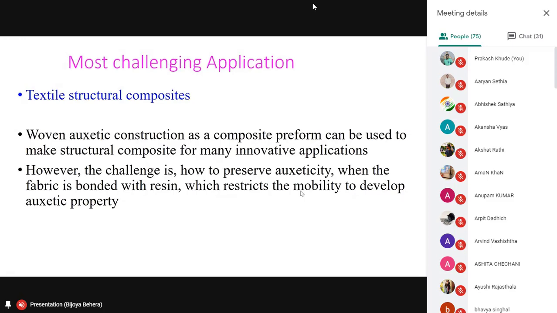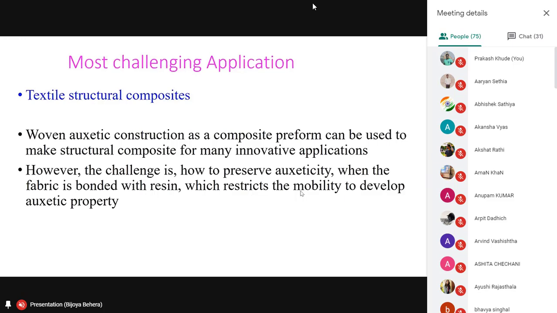So what is the challenge here? The challenge here is you have to have a suitable resin. You have to choose a resin in such a manner that the modulus of that resin has to be exactly the same as the modulus of the fabric. When load is applied, the pace or the rate at which the expansion of the fabric preform takes place, the resin must cooperate with the expansion of the fabric also.